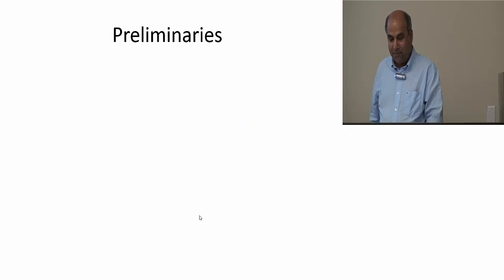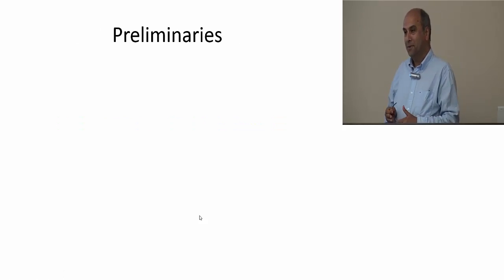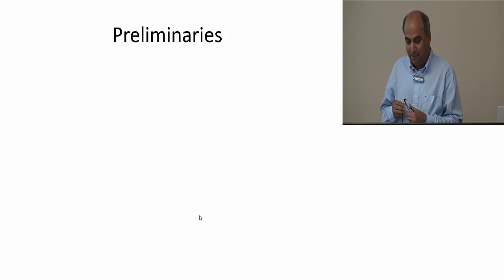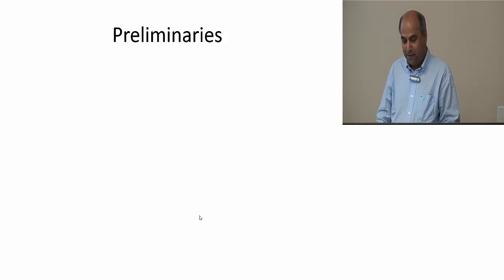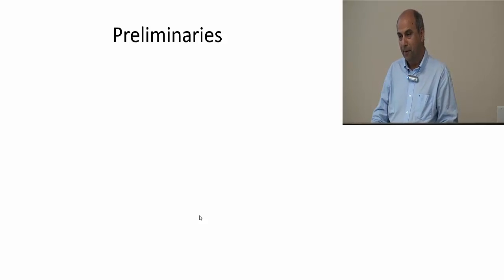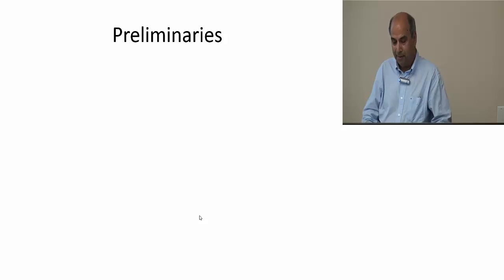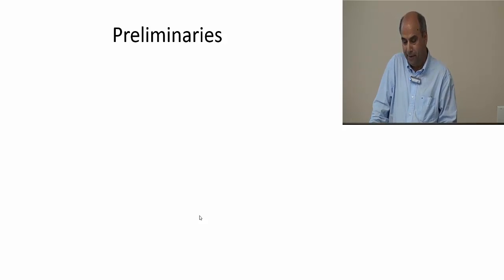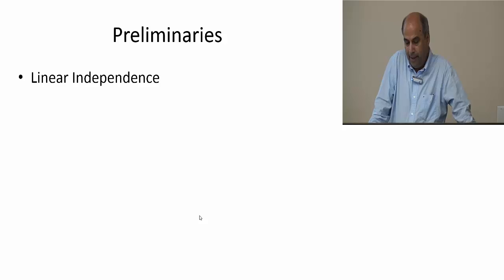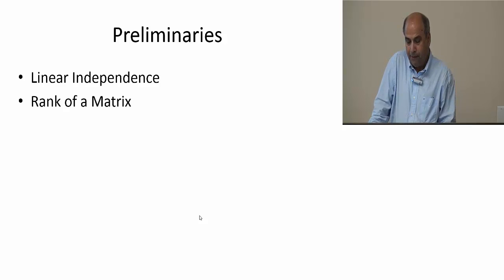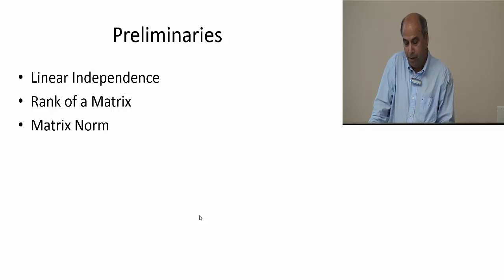Okay, so let's now get serious to talk about what this fundamental matrix is, and we will first talk about some background preliminaries so that you feel more comfortable, because I always hear people say, well, I don't know this math and I don't know this. So let's cover this. We are going to talk about the concept of linear independence, and the rank of a matrix. As you heard, they were talking about rank in that song.